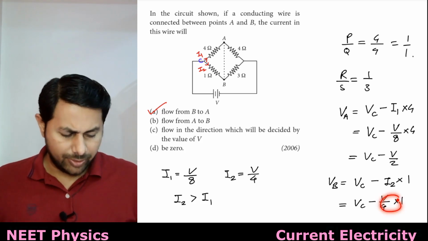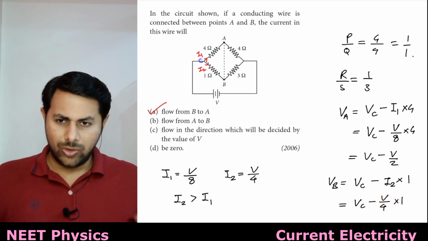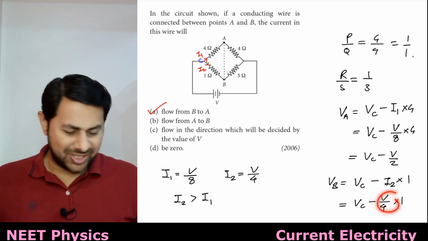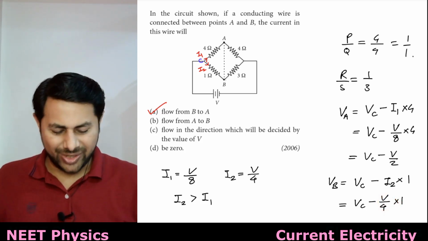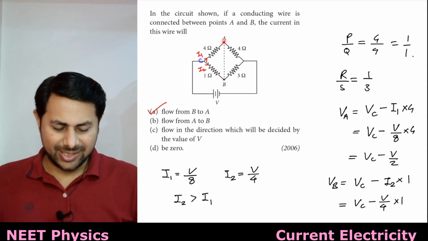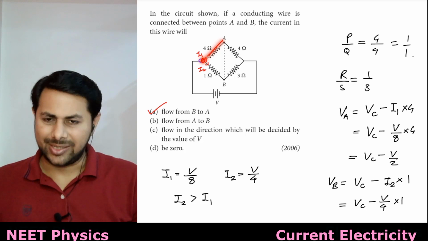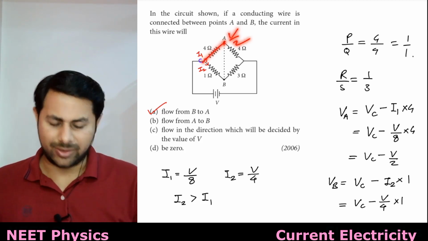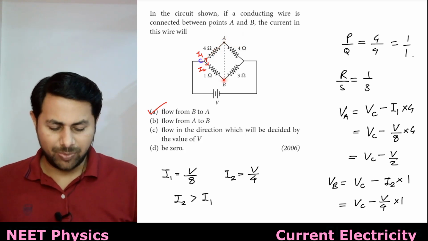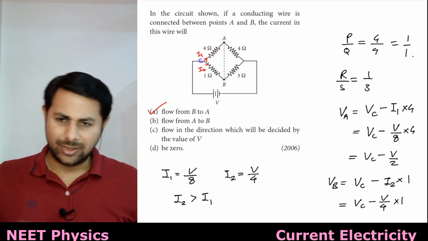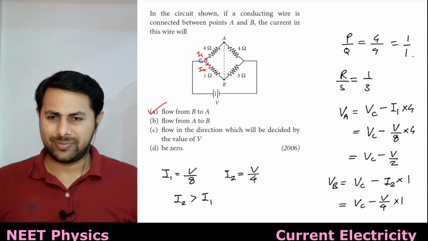It's just V by 4, right? So the voltage decreases just by V by 4 here. Okay, and the voltage decreases by V by 2 when you move from point C here. That means the potential of point B would be greater than the potential of point A, and that's why the current will flow from B to A.